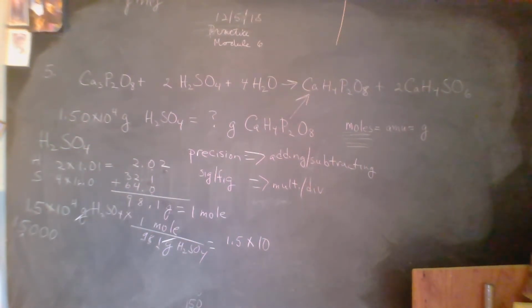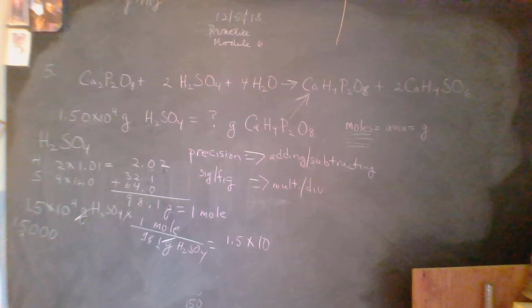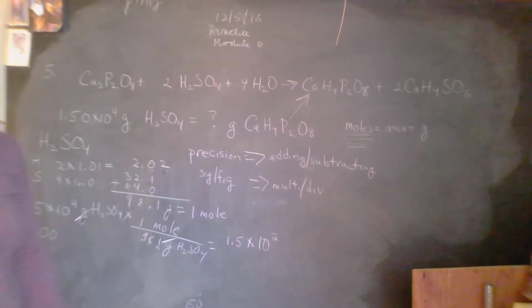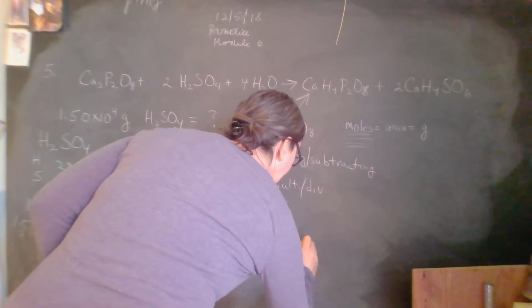But now that I want to report it in scientific notation, I'm going to report it correctly. What is 152? 150, so times 10 to the second. 1.5 times 10 to the second. And that is moles of H2SO4.